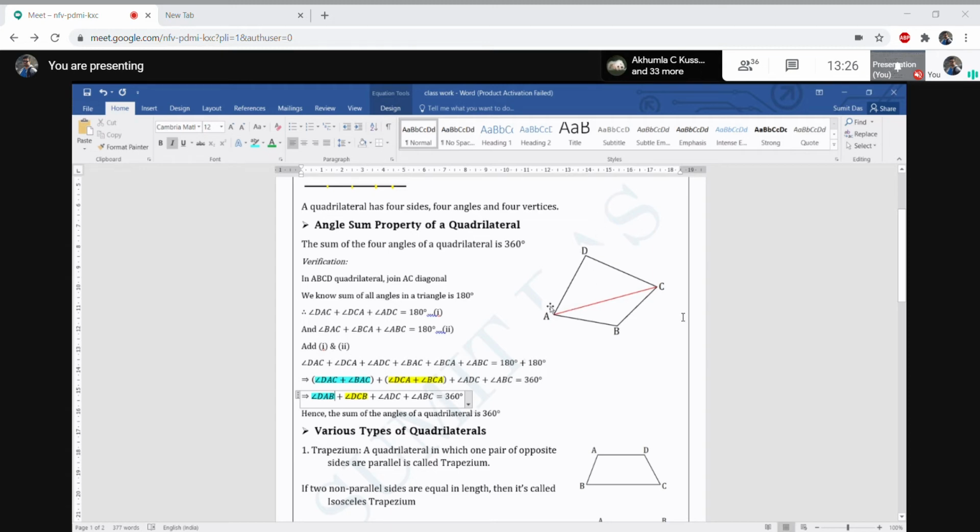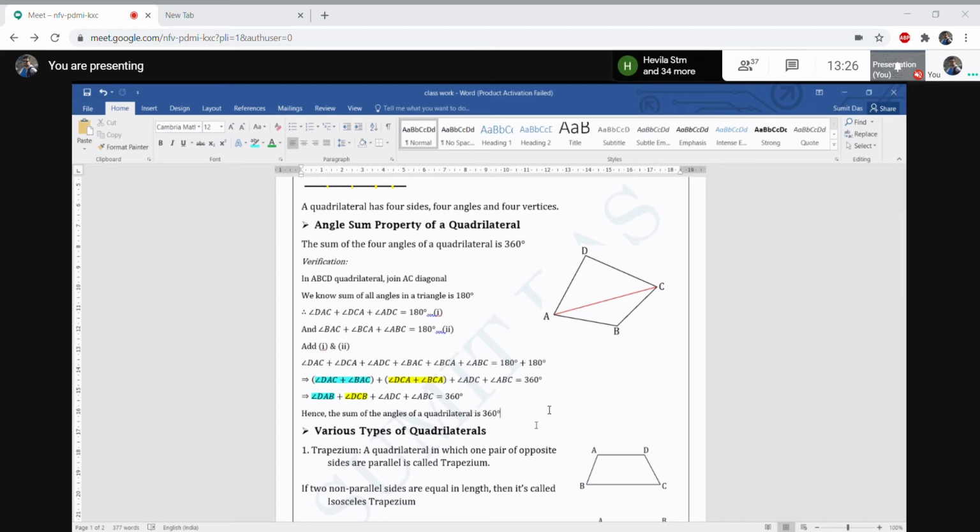So you can see DAB, this angle of the quadrilateral, DCB, this angle, ADC, this angle, and ABC, this angle, equal 360 degrees. Hence the sum of all angles of a quadrilateral is 360 degrees. This is just a verification, not a formal proof.